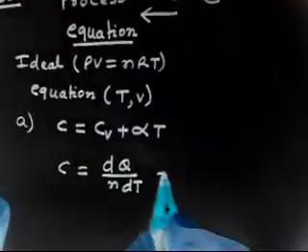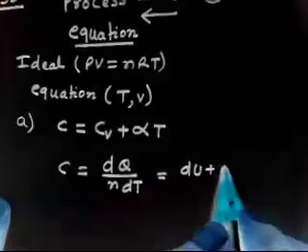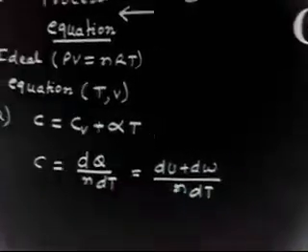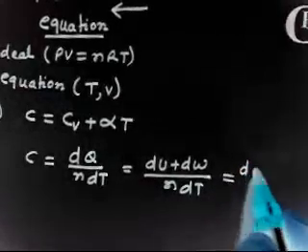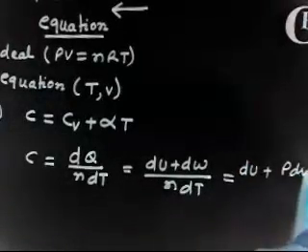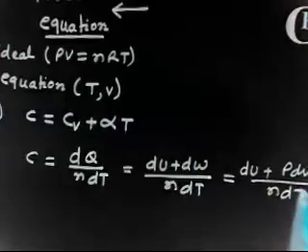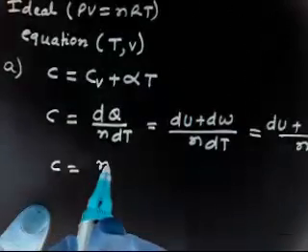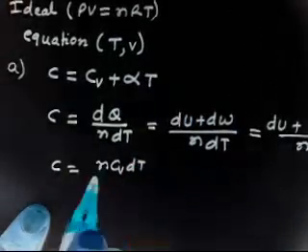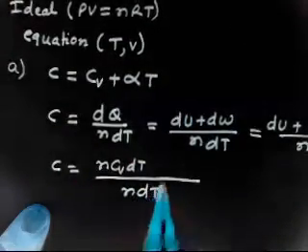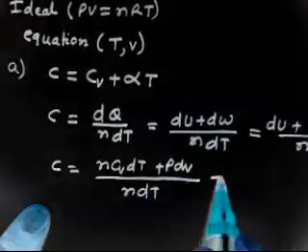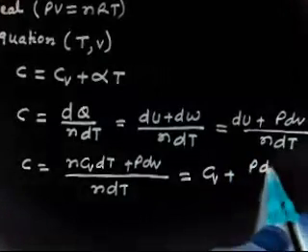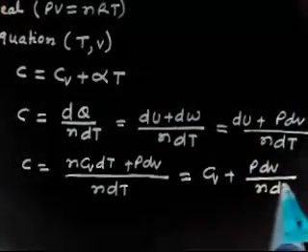And our dQ is dU plus dW, divided by n dT. dW can be written as PdV, so dU plus PdV divided by n dT. So your C will be, and dU is n Cv dT, by n dT plus PdV. So n dT goes, so Cv plus PdV divided by n dT.